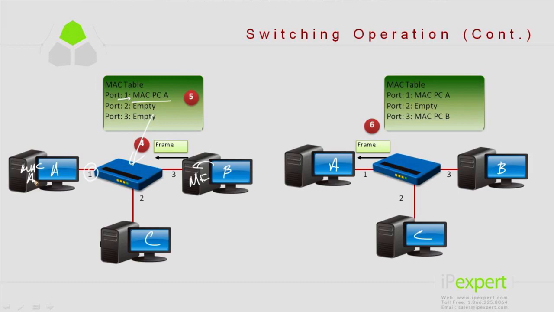Let's just say it's A. We'll keep that same thing. Now this device is going to send that frame back to the switch. And the switch is going to update its CAM table, its Content Addressable Memory table, sometimes referred to as the MAC address table, with the MAC address of this computer. Let's say this computer is B.